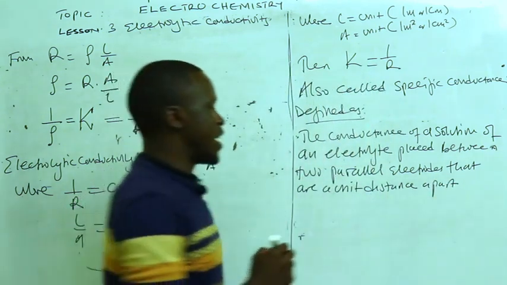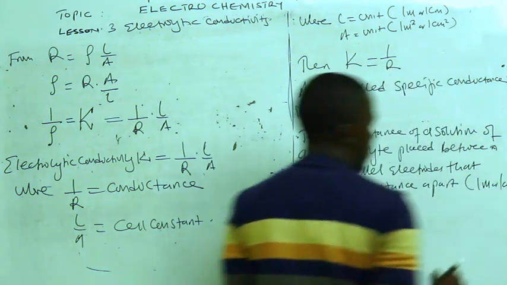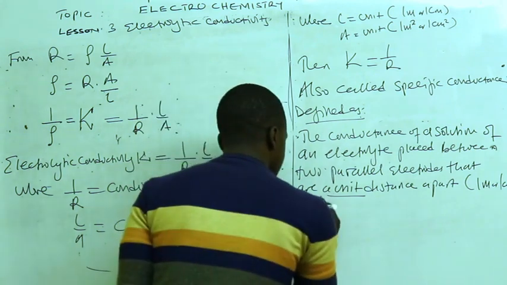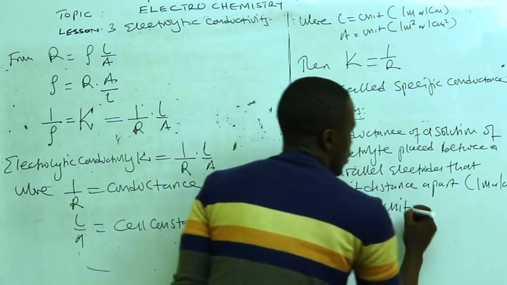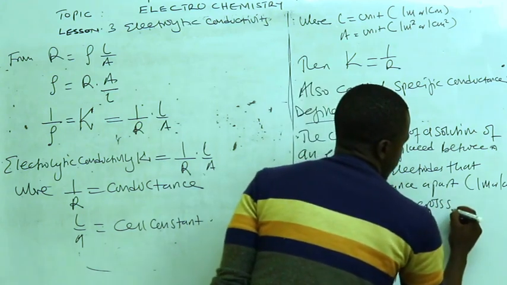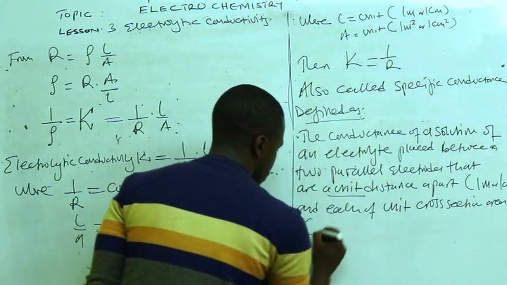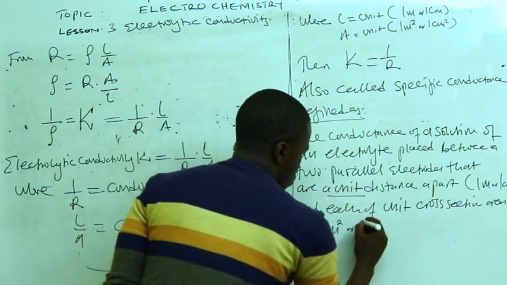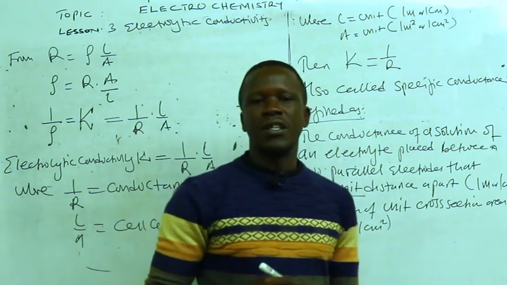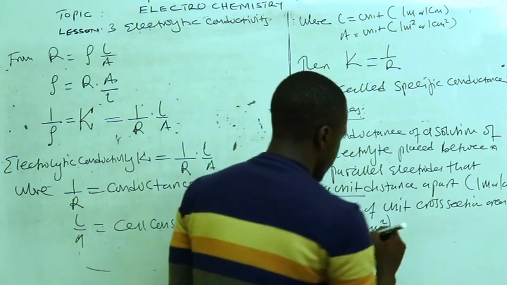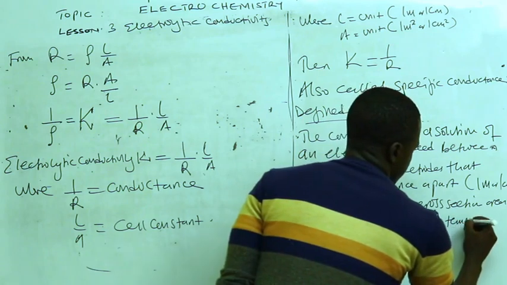Unit distance apart means 1 meter or 1 centimeter apart, and each of unit cross-section area. Unit cross-section area means 1 meter squared or 1 centimeter squared, at a given temperature.